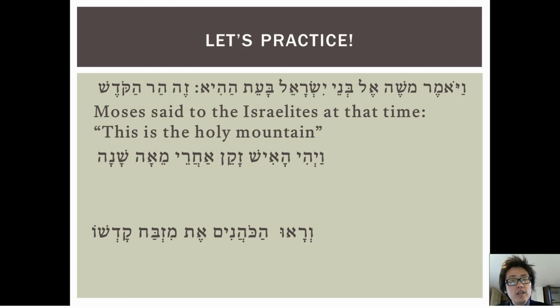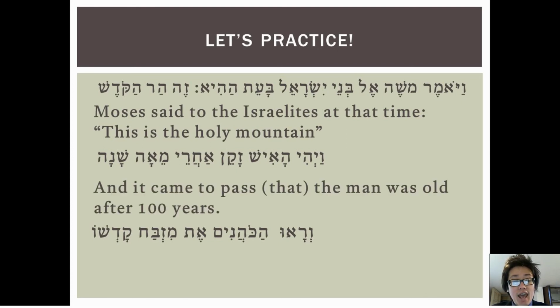Vayhi. Normally, if it were imperfect, we would say, and it will be, or something like that. And it will come to pass, if we wanted to project that into the future. When the vav is on there, though, and it happened, or and it came to pass, that the man was old after 100 years. Vayhi ha'ish zaken achare mea shana.